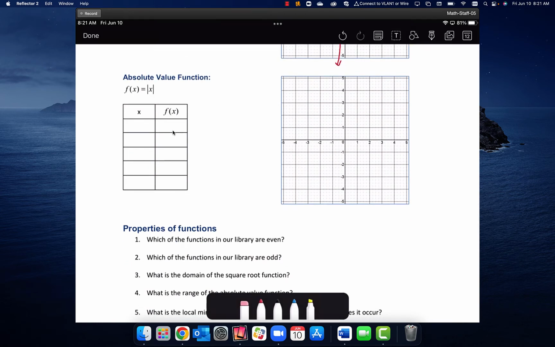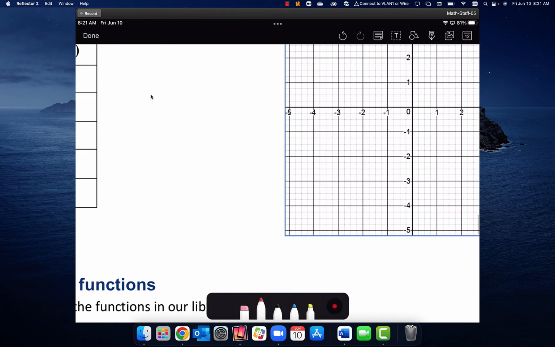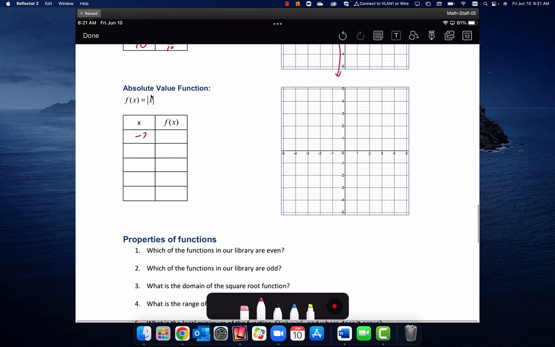The absolute value function, there's no restrictions on domain, so I'll just stick to the ones we started with initially. -2, -1, 0, 1, and 2. And whenever you plug in your x, those values just become positive.